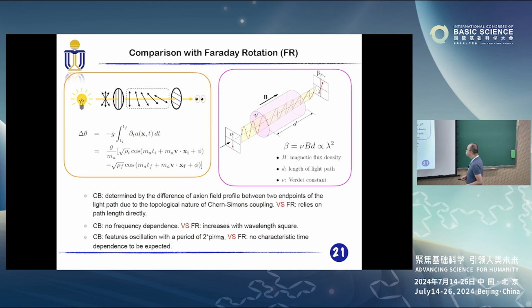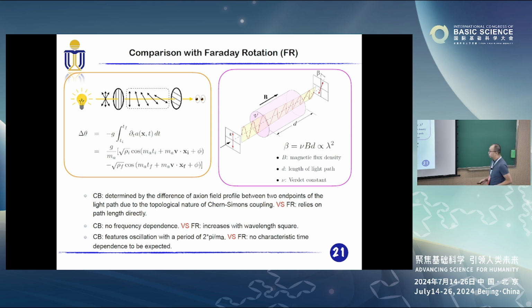And as for Faraday rotation, we know its magnitude is proportional to the length of the light path aligned with the magnetic field direction. Okay, this is the first difference.